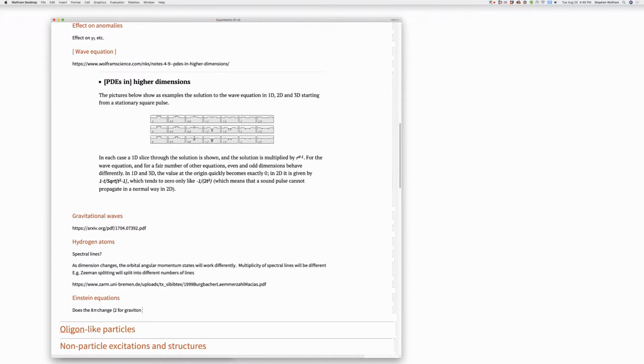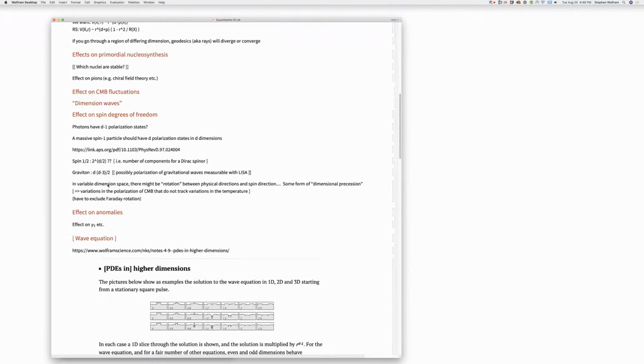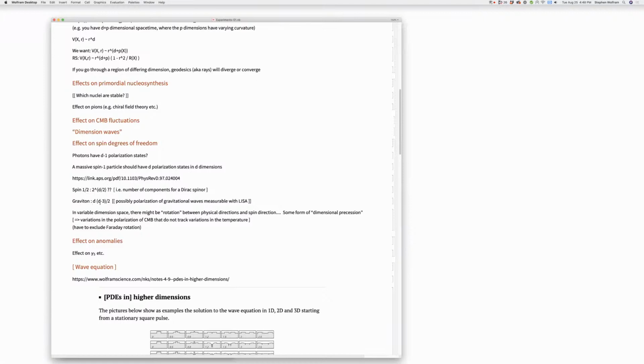But so in d dimensions, how many degrees of freedom are there in the graviton? Well, this is a discussion we had before. These things are difficult to count, and gravity is especially difficult because there are gauge freedoms. Yeah, I know. So the claim was d times d minus 3 over 2. Right. So that's the number of non-transverse elements of the tensor.